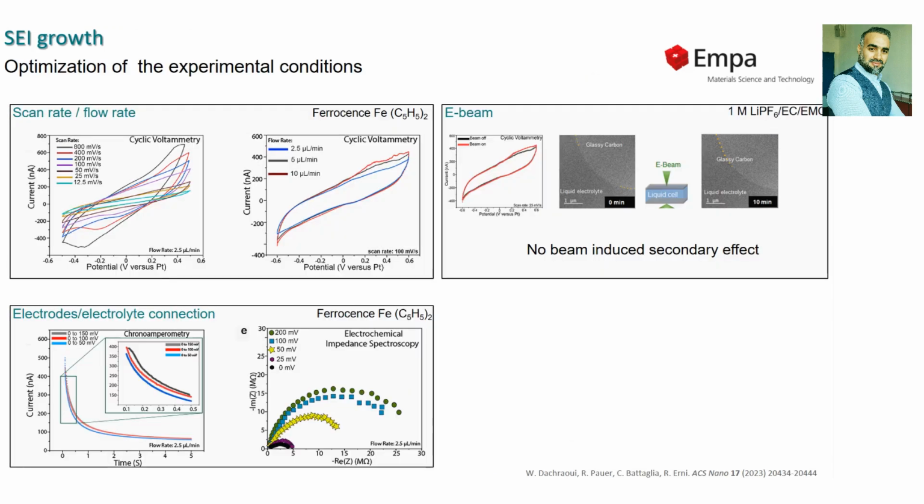First, as routine of our experimental measurements, it's very important to optimize the experimental conditions and control the scan rate, the flow rate, check the electrolyte connection, and the electron beam effect on the electrochemistry and the electrolyte.